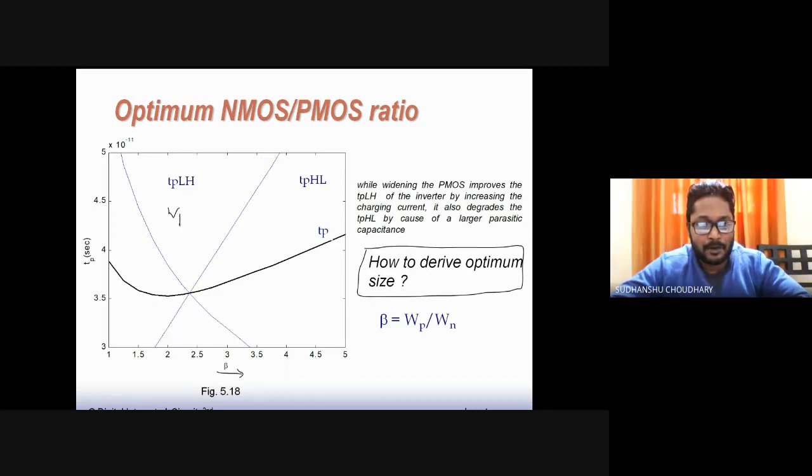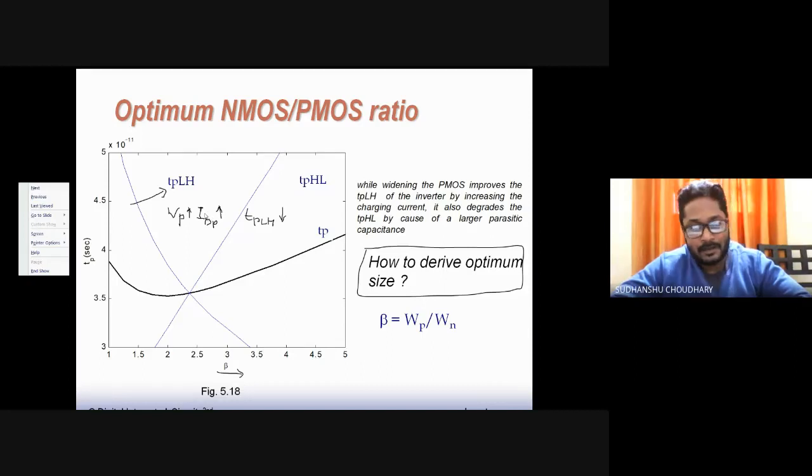So the current drive of PMOS also goes up, which means TPLH will also come down, because with the increased current drive I can quickly charge the load capacitor. That is why we see that when WP is increasing, TPLH is coming down. That can be seen here, right? This is the TPLH curve, this one.